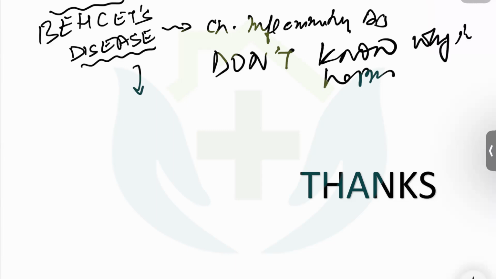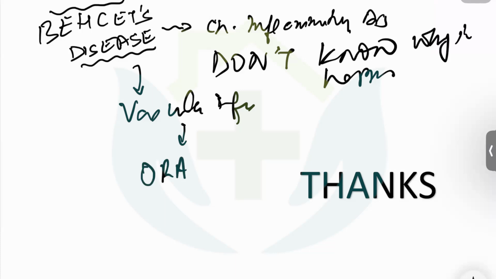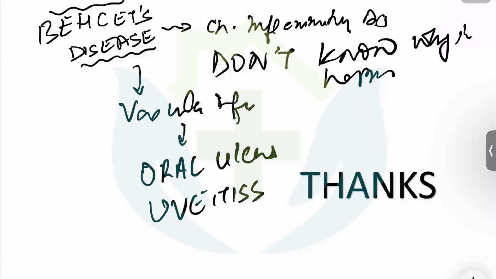So there is basically vascular inflammation, and it may involve several organs, but the presentation we all know is mainly oral ulcers. Then the patients usually have uveitis, and along with that they have penile ulcerations also, genital ulcerations basically.